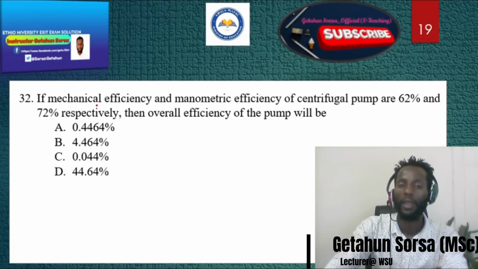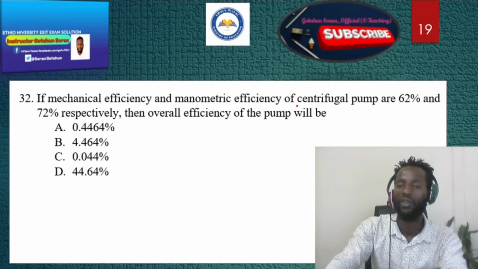If the mechanical efficiency and manometric efficiency of a centrifugal pump are 62% and 70% respectively, then the overall efficiency of the pump will be: A. 0.4464%, B. 4.464%, C. 0.044%, D. 44.64%.